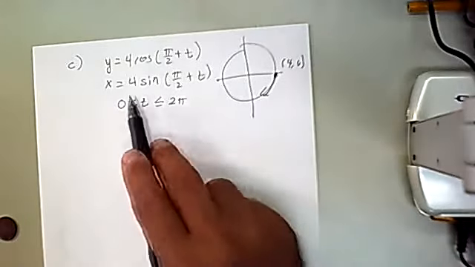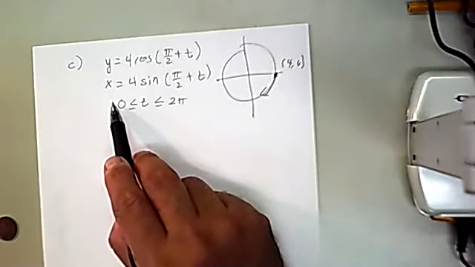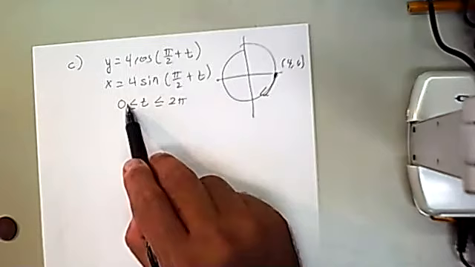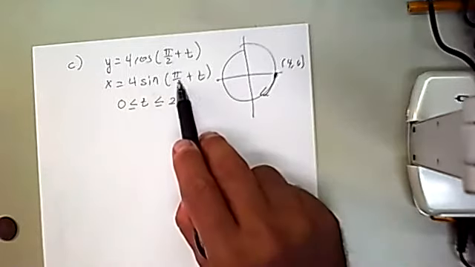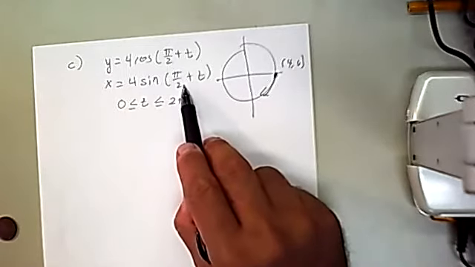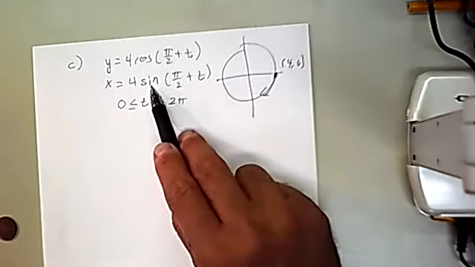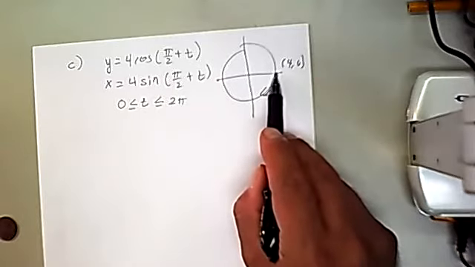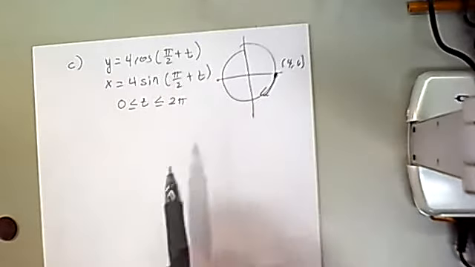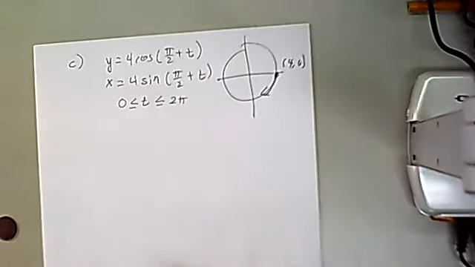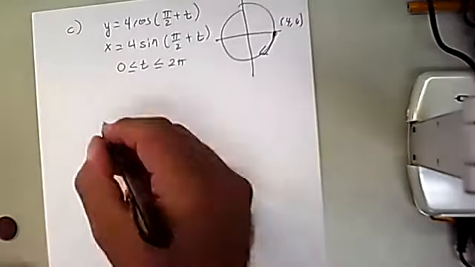So we're good. And then as t increases from 0, we are beyond pi over 2, at which point the sine starts to decrease. And that's why the x value starts getting closer to 0. So we're good. Yep. So now let's go back to 3D.